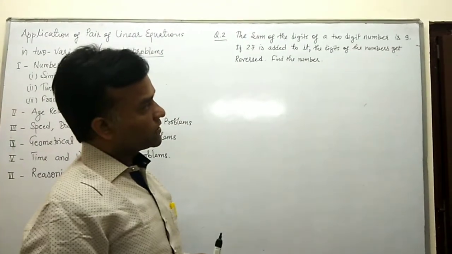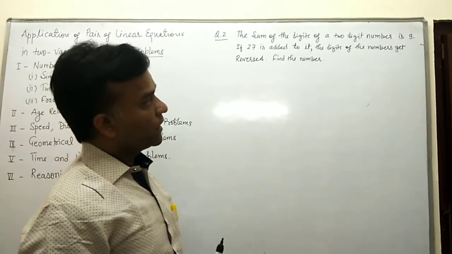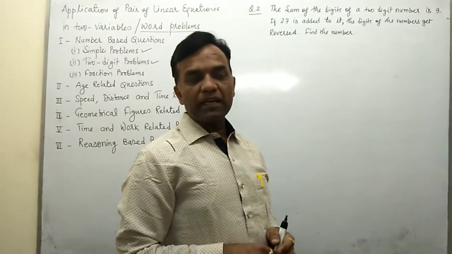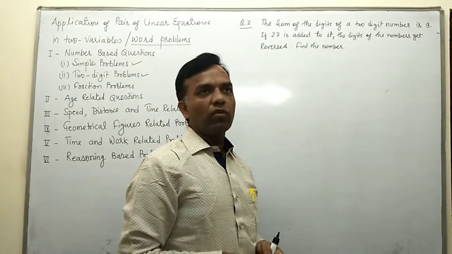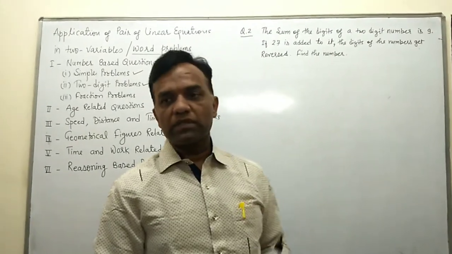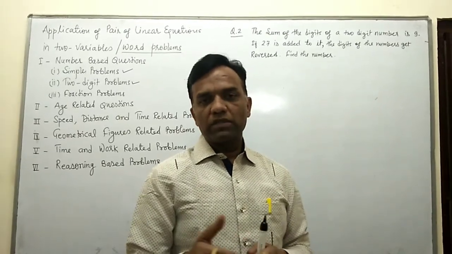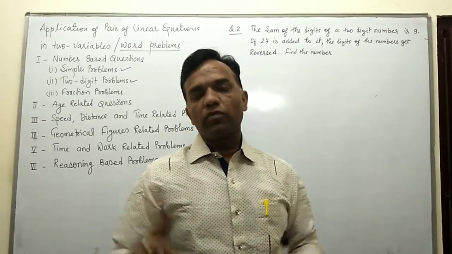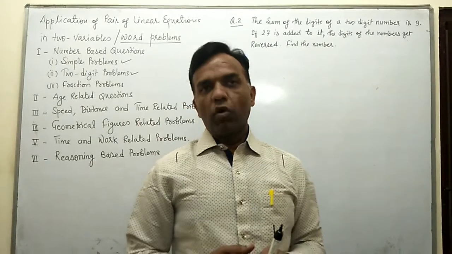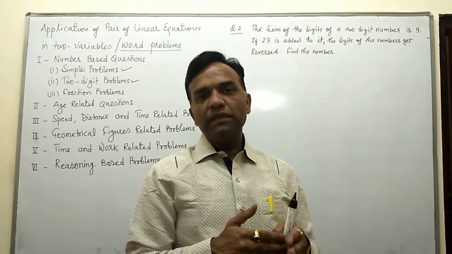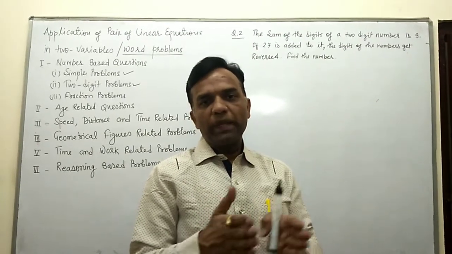But before this, how many of you know about two-digit numbers? First you should be clear in your mind what a two-digit number means. The digits are 0, 1, 2, 3, 4, 5, 6, 7, 8 and 9. After 9 comes 10, which is a two-digit number having a units place and a tens place.